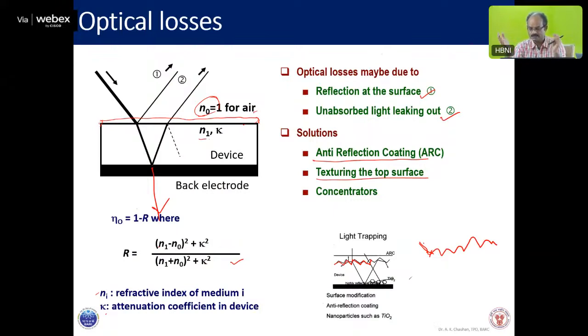So light is then concentrated. On the solar cell of 1 meter by 1 meter, you are putting radiation equivalent to 4 square meters of area.